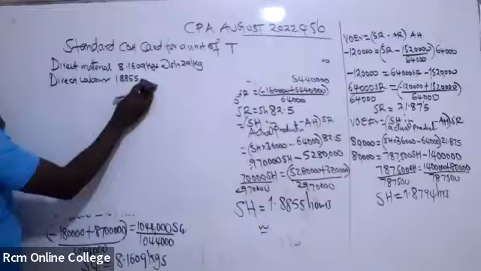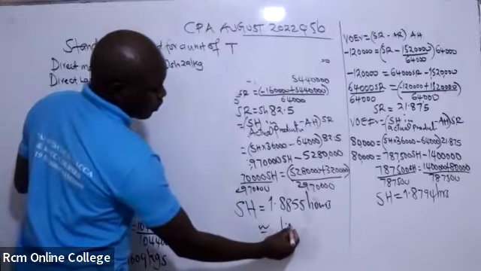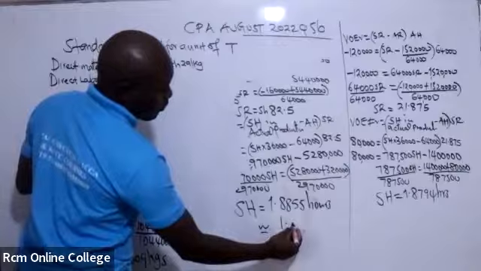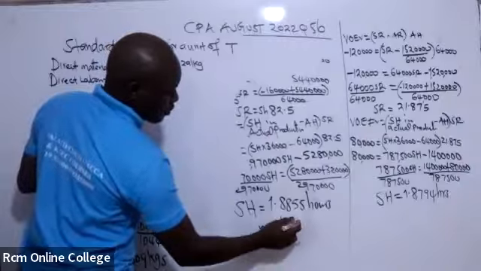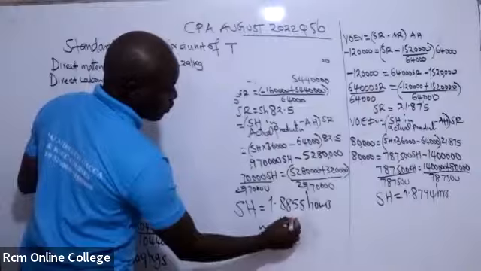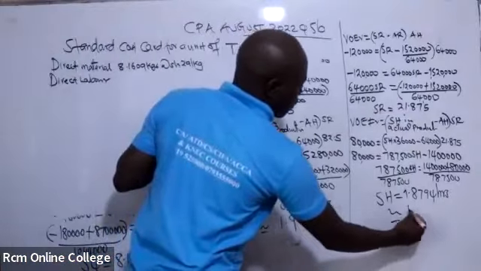Let me do this so that you can understand that. Allow me to use this and say 1.8 or 1.9. We can use 1.9. Allow me to use that just for some understanding.